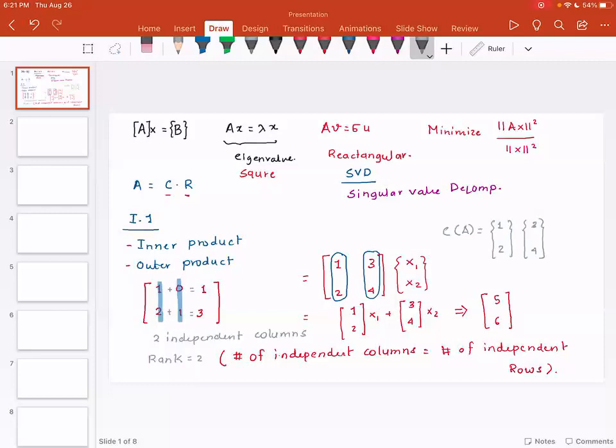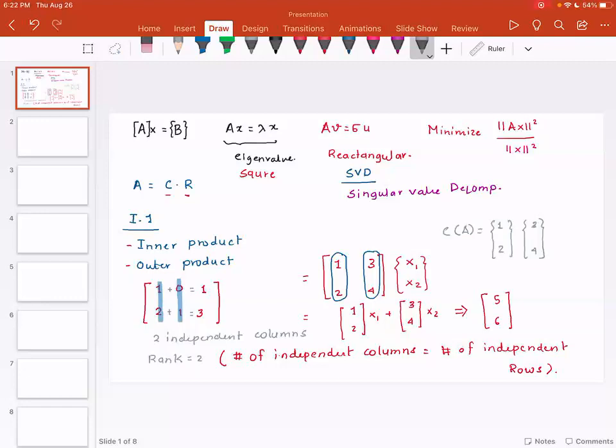What the author is trying to say is this: in the earlier case it is very easy. You can find the values of x1 and x2 so that you get the solution 5 and 6.